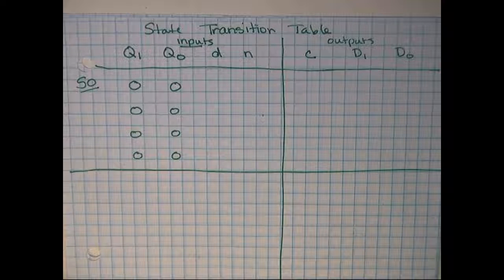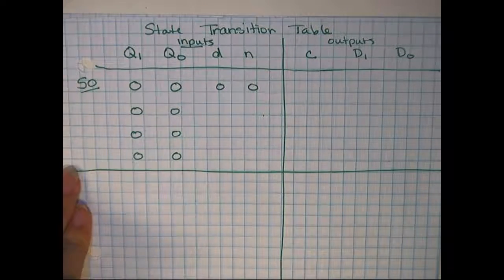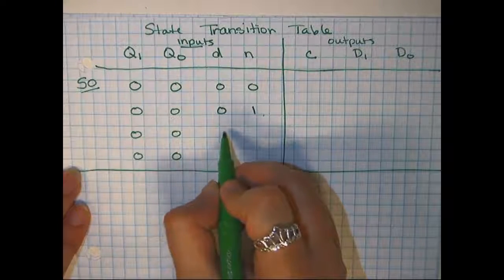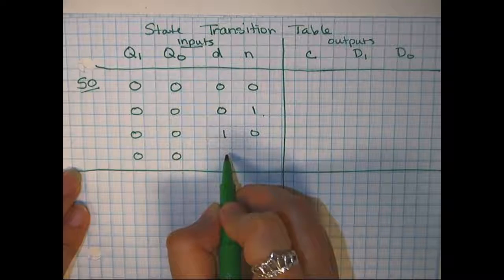Because when I'm sitting at state 0, I could have no dimes and no nickels. I could have what else? No and 1, or 1 and 0, or 1, 1.